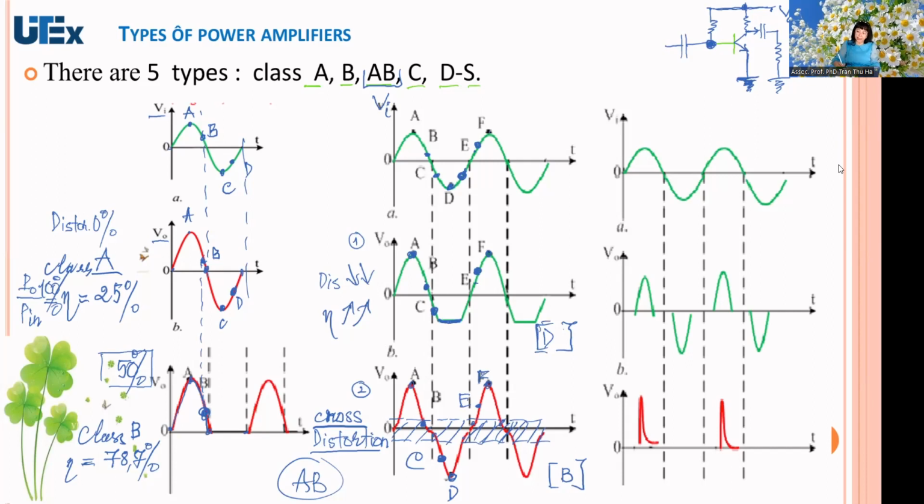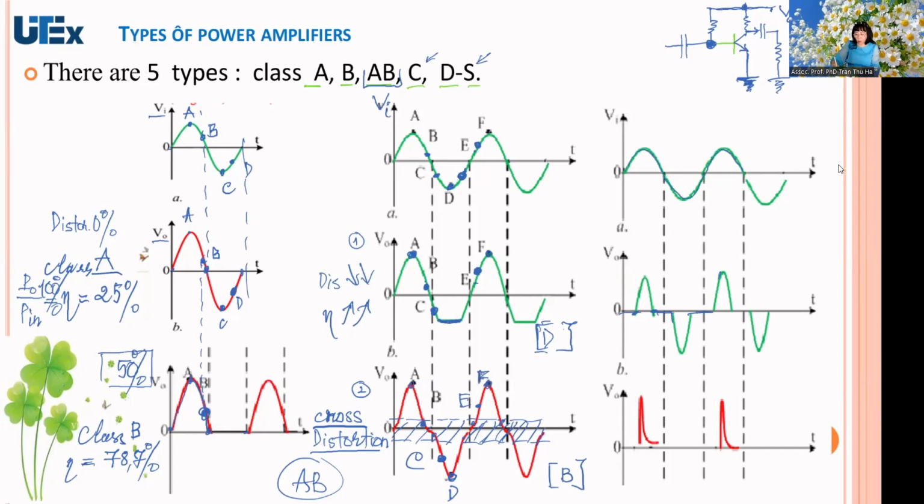And related C and D, this is class C. Class C, here the output waveform is a different kind. You can see here the output waveform is very interesting. It doesn't repeat the waveform of the input signal. The input signal is sinusoidal. You can see sinusoidal here, here, here.